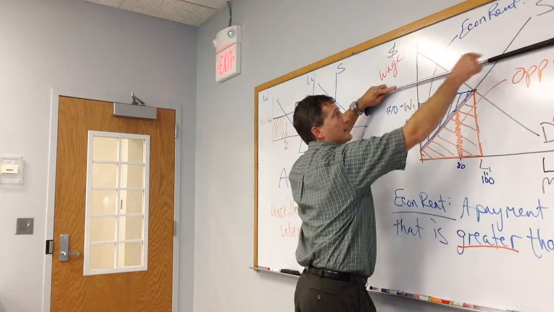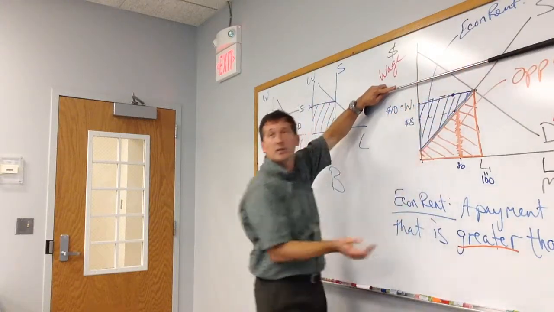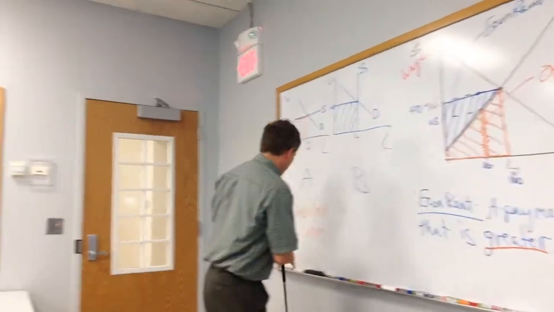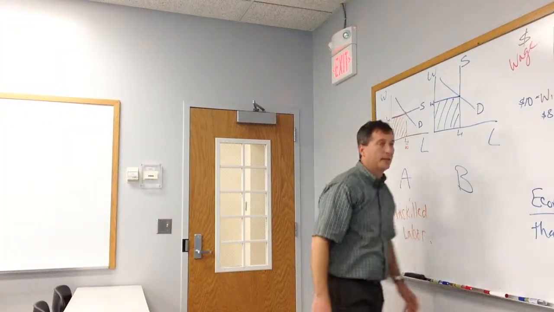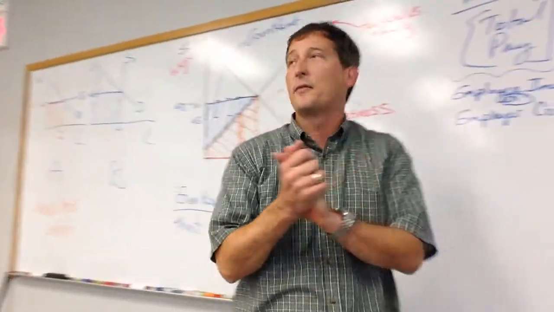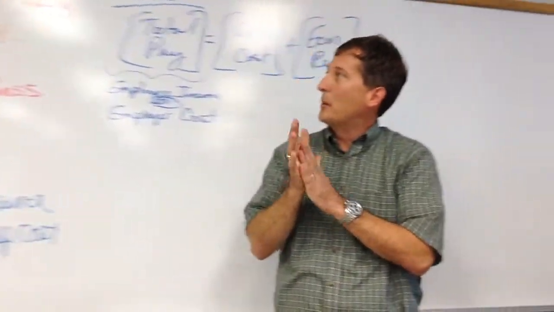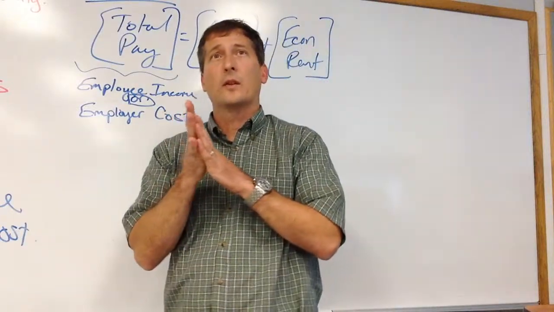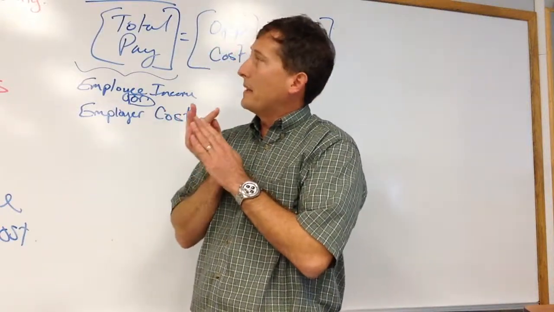And so that leads to this surplus of labor, which is otherwise known as unemployment. And so that is one of the predicted effects that we have from imposing the minimum wage. Yes? Will that cause a deadweight loss? Yes, there would be a deadweight loss.